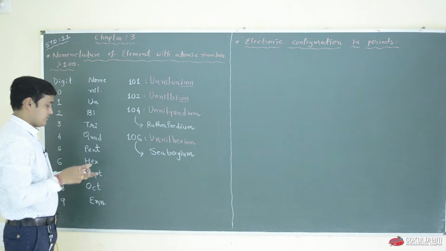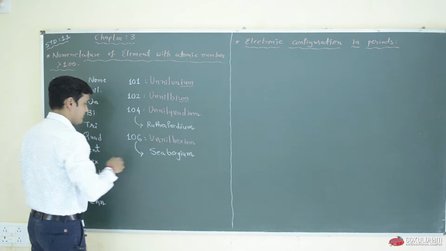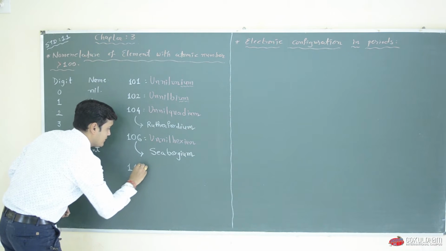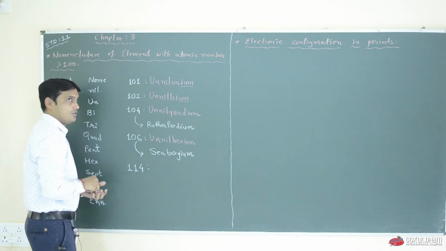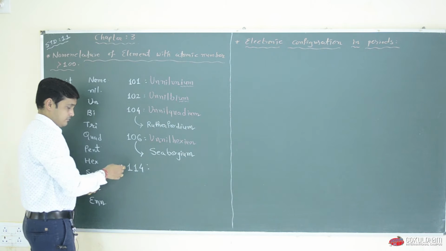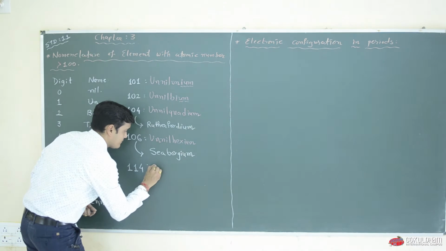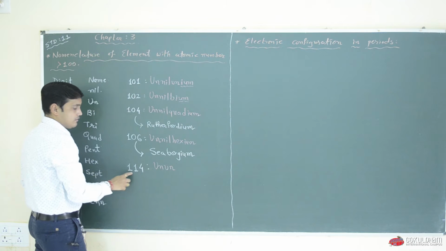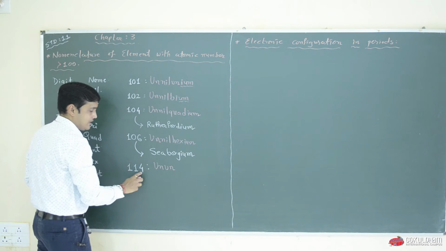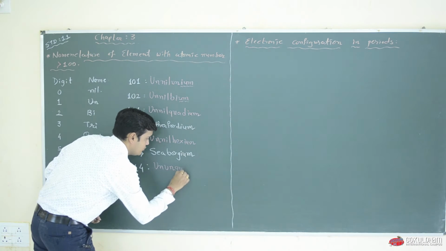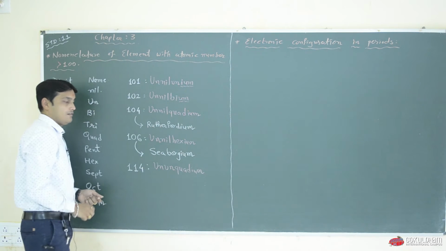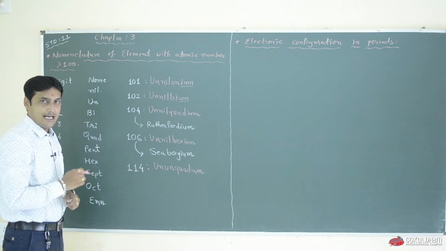Suppose we move further to element number 114. So your name should be un, un, since 2 times 1 means un un, and 4 means quad, and then our suffix is ium.